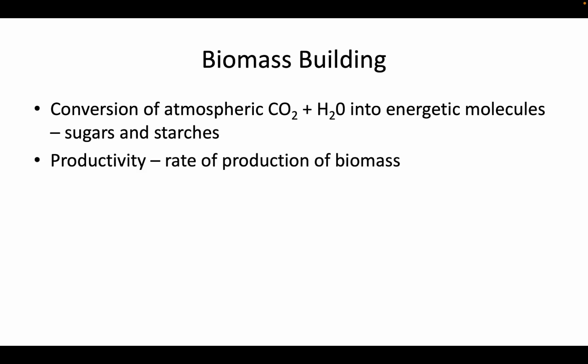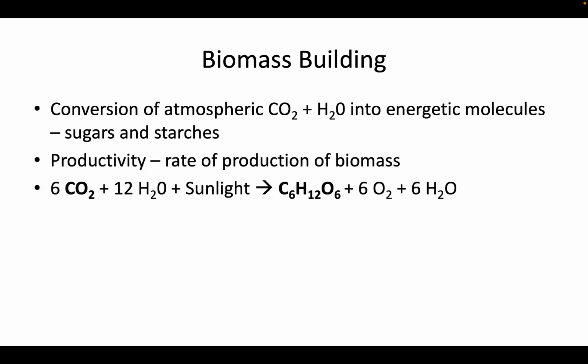So this is called productivity, which is the rate of production of biomass. The equation is that 6 CO2 plus 12 H2O plus sunlight gives us C6H12O6 plus 6 O2 molecules plus 6 H2O molecules.